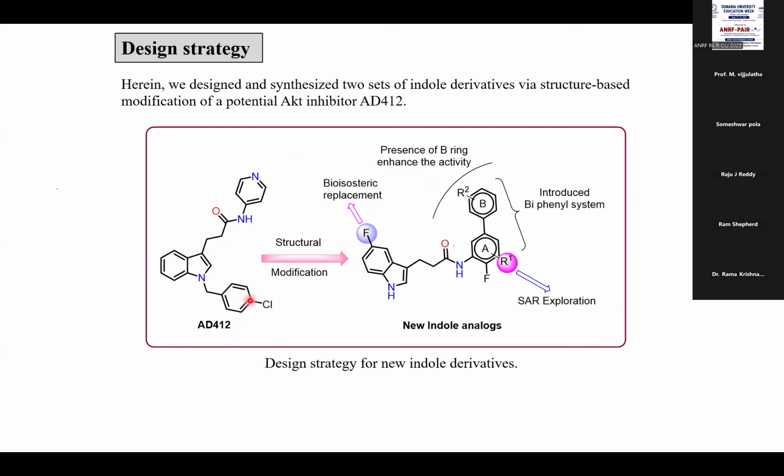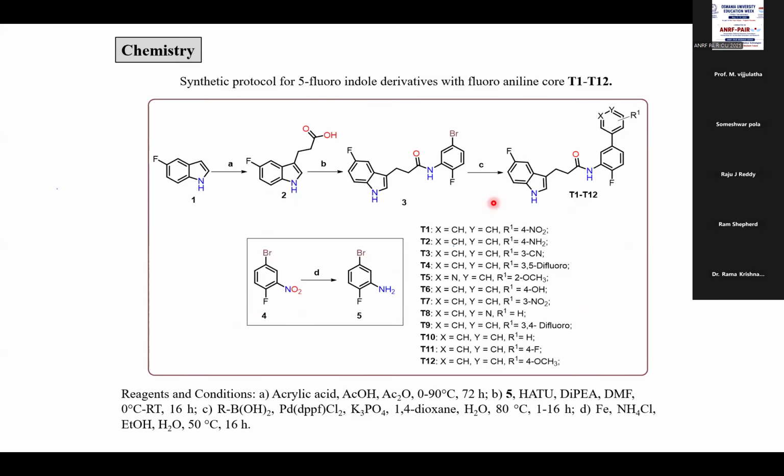Not only that, the strategy was we removed this aromatic ring, and there is only hydrogen present here. And at this juncture, we tried to put an R group where we could explore structure activity relationship. And also, we put a biphenyl ring instead of the pyridine ring to understand how this ring will enhance the activity. So these were the strategies for designing the new indole analogs.